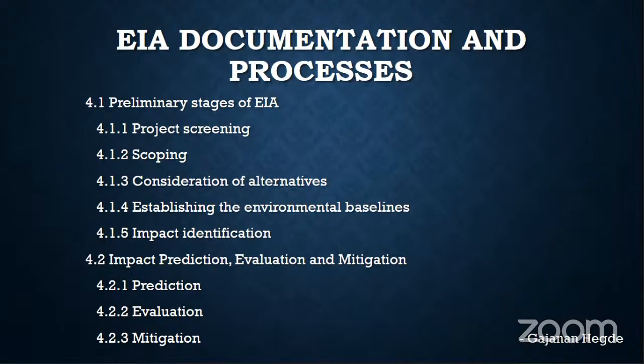So I'm dealing with chapter 4, EIA documentation and process. In that we have 5 sections, so we will go one by one. The 4.1 is preliminary stages of EIA. In that we have to look into project screening, scoping, consideration of alternatives, establishing the environmental baseline, and impact identification.